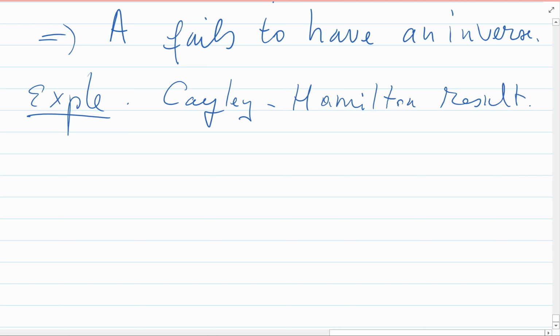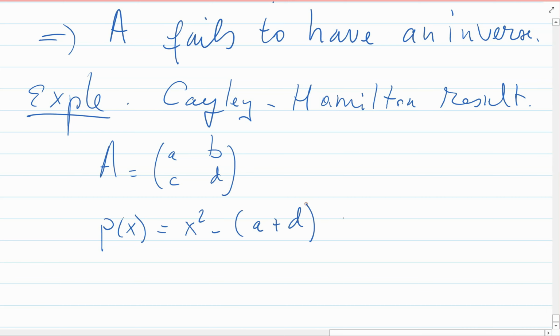Okay, so now instead of giving you a numerical example, let's take any A which is a 2 by 2 matrix. And let us take P of x. It's very similar to what I was doing in the previous lecture on the algebraic properties of matrices. But let us take x squared minus (a plus d) times x.